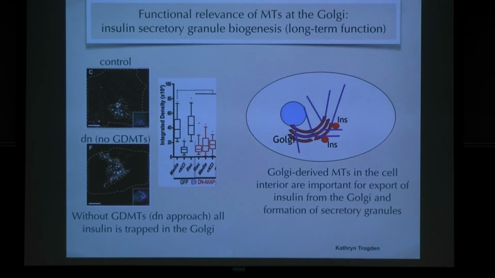In pancreatic beta cells, however, it appears to be important, probably because of the sheer size of those secretory vesicles, which are much bigger than most. So basically, what she can see here is that without Golgi-derived microtubules, insulin is in the Golgi, but the surrounding cytoplasm is devoid of insulin granules because they cannot exit. Is that just because they can't move? They're just so huge that we think that they cannot.